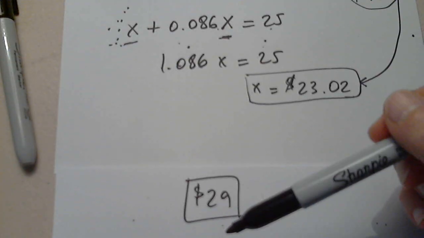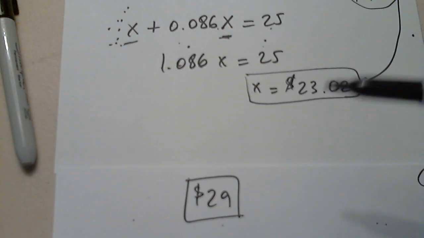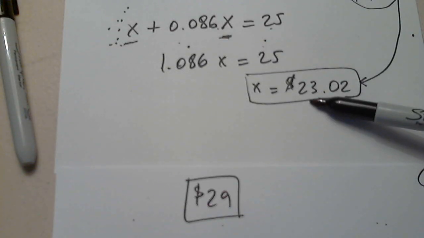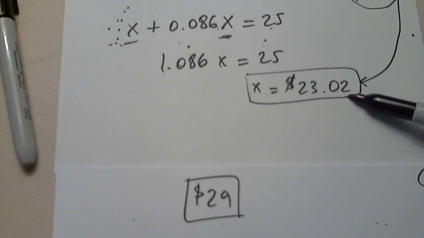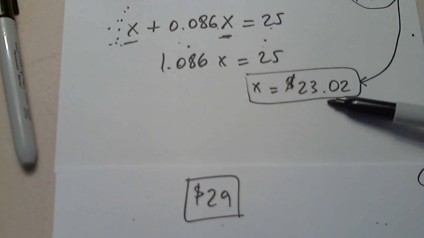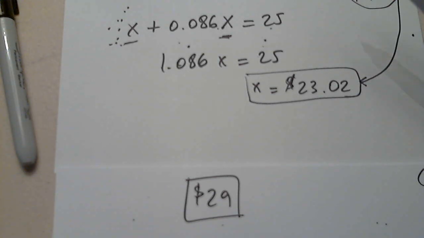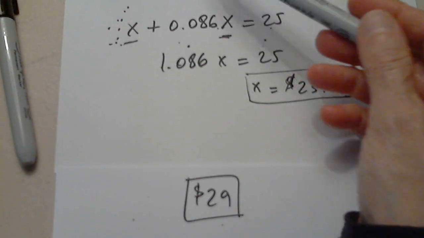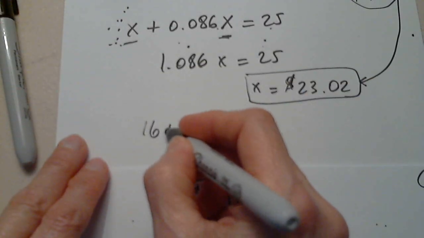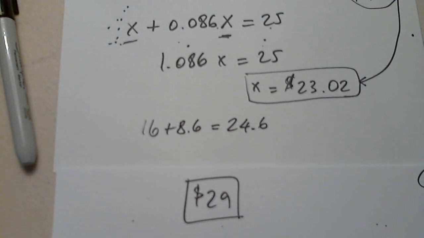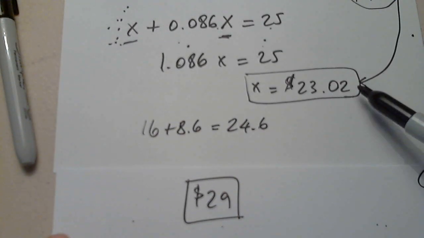But now what they want us to determine is this $4, what is the percentage on 23.02? Because we do have an increase of 8.6% on 23.02. Adding 16% to this, in other words, what you're saying, 16 plus 8.6%, it's 24.6. It's not what they're asking. And they asked for rounded up, so I think it'd be 25%.